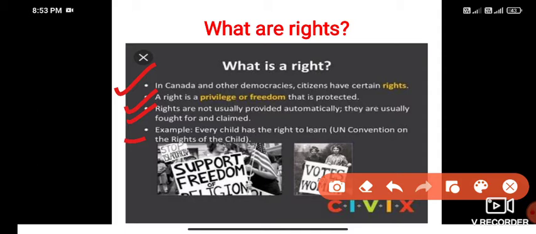So it had to be removed. So it had to be ensured that in free India, all citizens enjoy privileges offered by the state on a uniform basis. So if these rights were infringed or violated, then the citizens could go to the court to protect their rights. So those are the characteristics of rights.